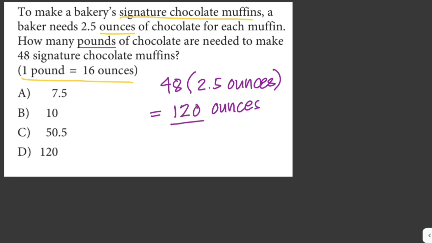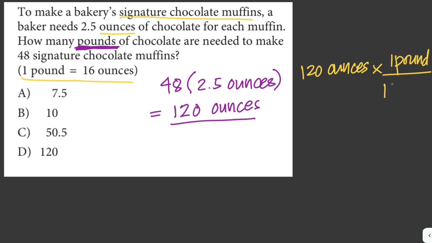Okay, so we need 120 ounces of chocolate in total. And now we need to convert this into pounds because we are asked for the number of pounds. So that would be 120 ounces times 1 pound is equivalent to 16 ounces.